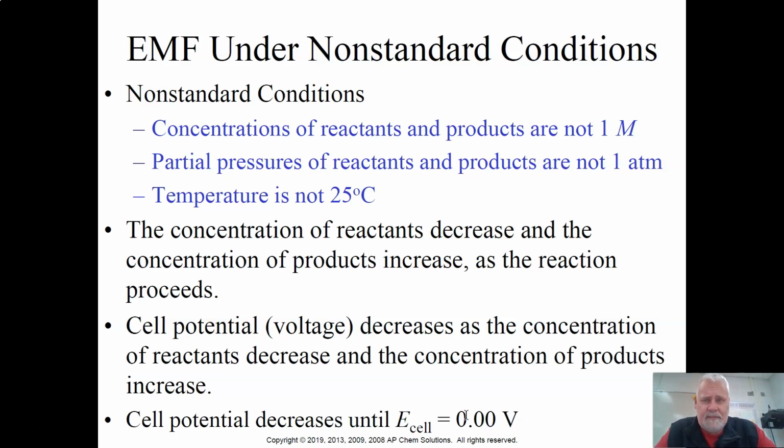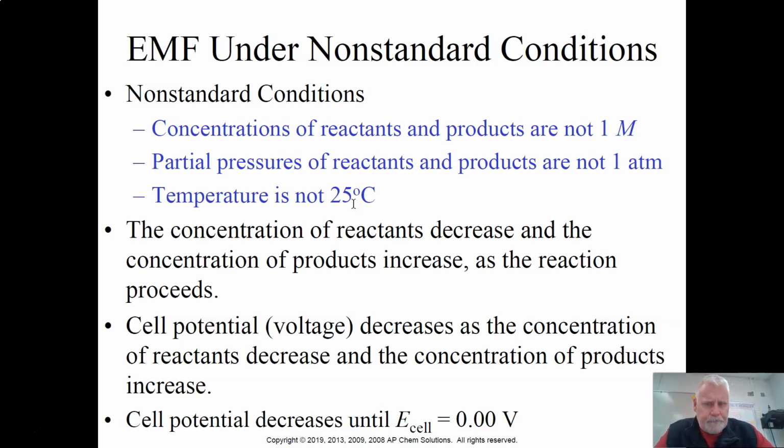Now, non-standard conditions. Kind of goes without saying, these first 3 things: they're not at 1 molar, they're not at 1 atmosphere, and the temperature is not 25 degrees. Any one of those 3 will throw off the values, and those we looked up are given reduction potentials under these perfect conditions.